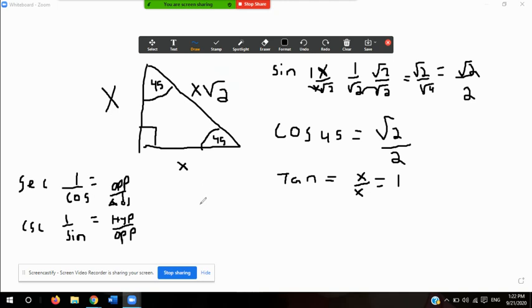So I know that the sine is the hypotenuse over the opposite. So I can say x times the square root of 2 over x, or I can say 1 over the sine of 45.